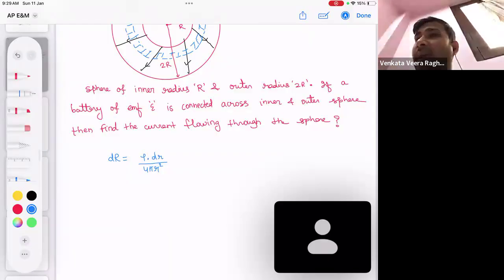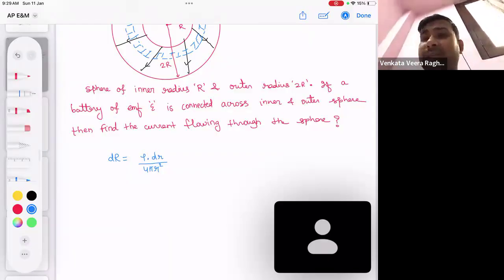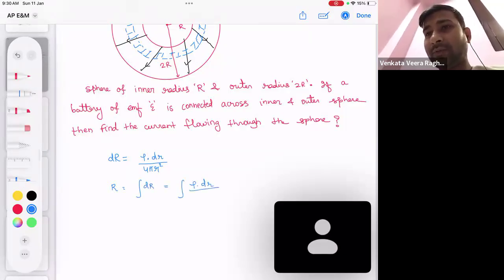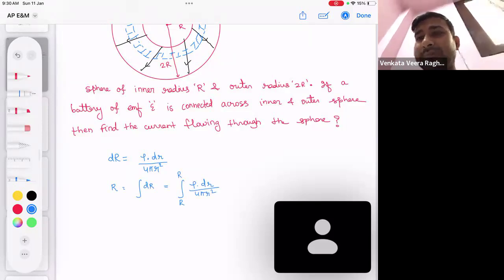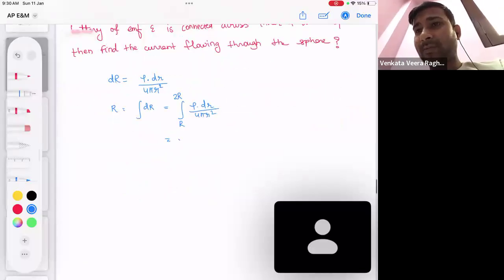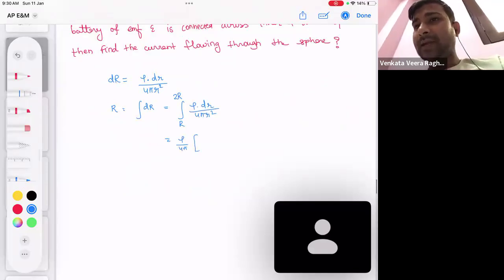So if you have to add all these small dr, can I say that the R equivalent comes from the integration of that dr? Actually, let's do it. Rho dr by 4 pi r square. Inner radius is r, outer radius is what? 2r. Simplify it. Let's see how much we are getting. Rho by 4 pi common. Integration of dr by r square is minus 1 by r.